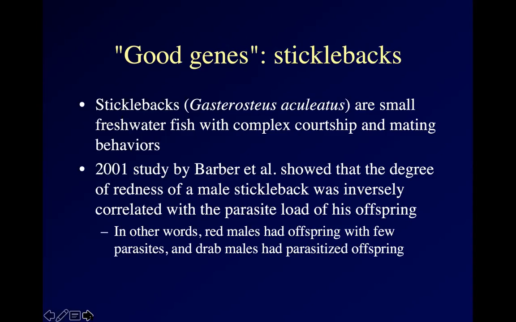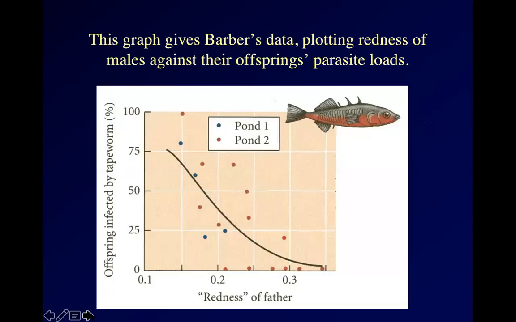You might remember we went looking for black spot disease in local freshwater fish, and we did in fact find some. There's a number of parasites that produce black bumps on the skin, and that actually makes them easy to count. So on the x-axis, you've got the father's degree of redness. I'm not sure exactly what they did. That might be the fraction of surface area that was covered in red.